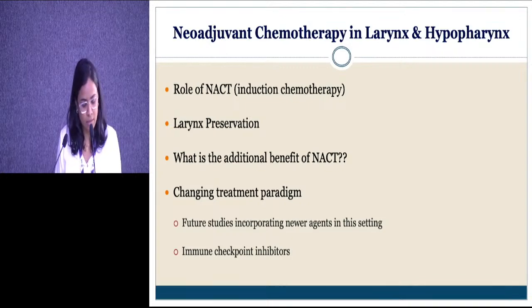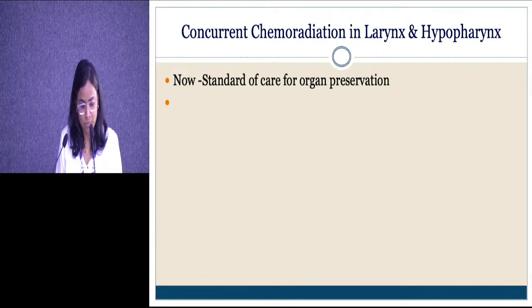There are a lot of debates on whether NACT or induction chemotherapy really has additional survival benefit, and what benefit we achieve by subjecting these patients to the toxicities of chemotherapy and delaying local therapy. And of course, the treatment paradigm is evolving and will change.